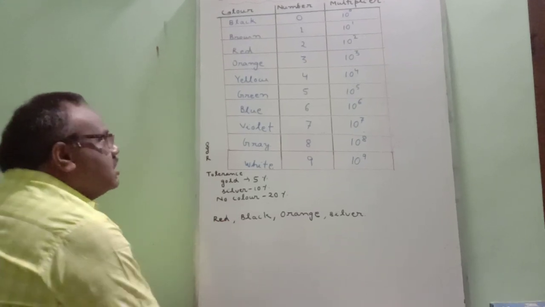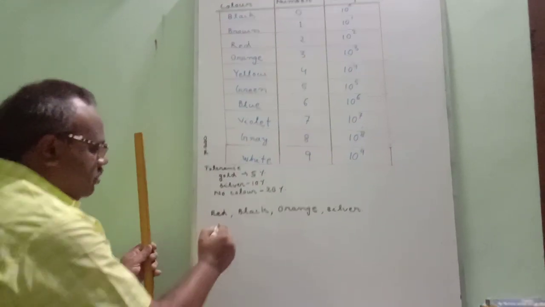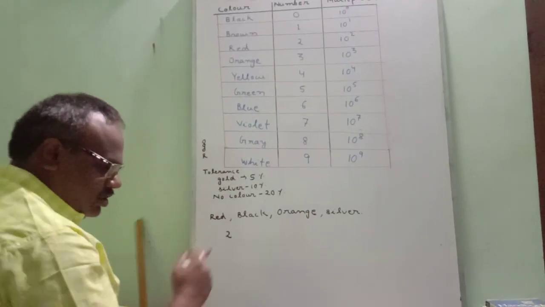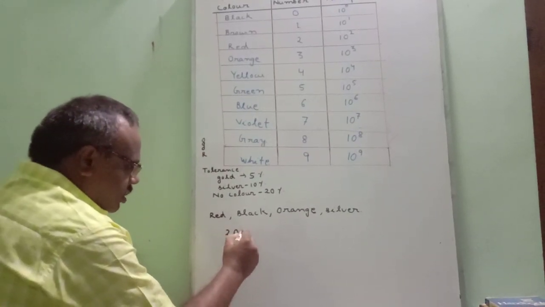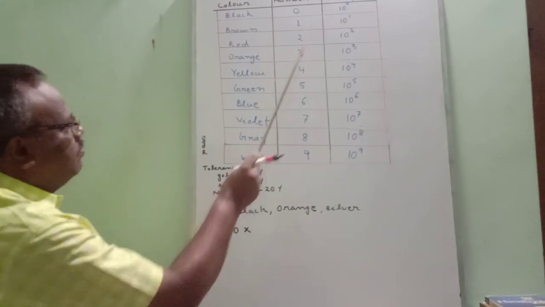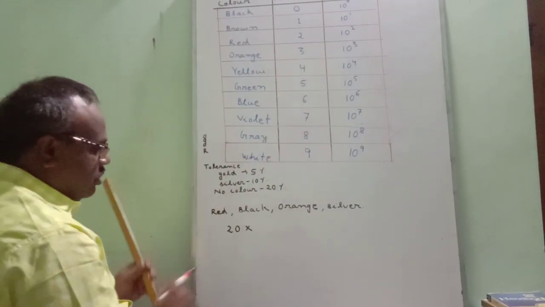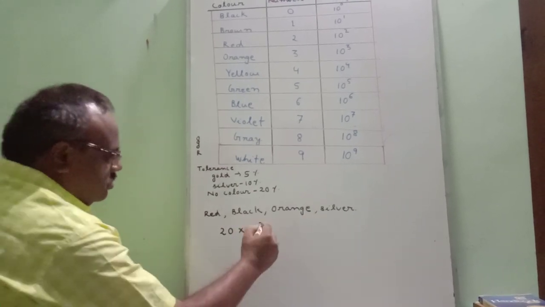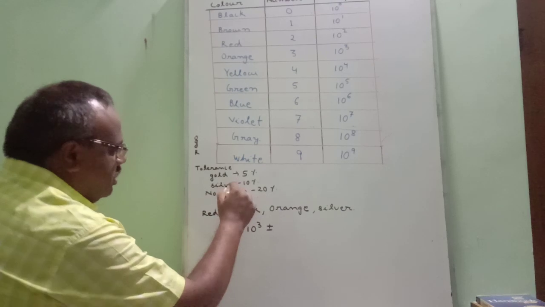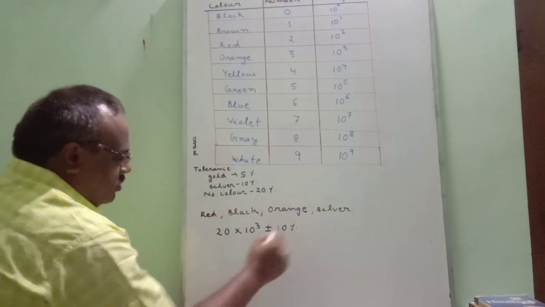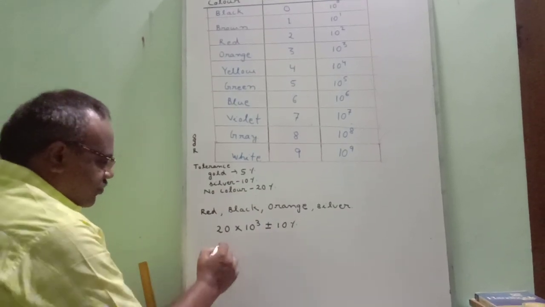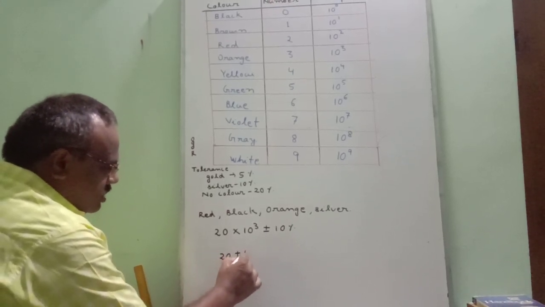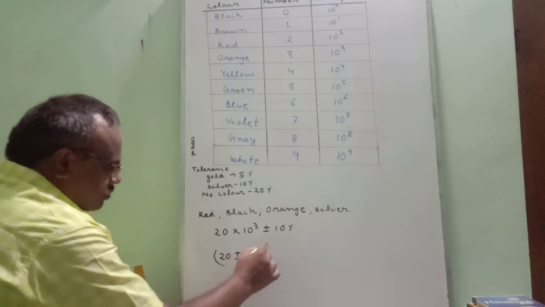For red the significant figure is 2, so I am writing 2. Black is 0, so write 0. Orange is the multiplier, the third is the multiplier, so it is 10 to the power 3. Then silver is the tolerance, silver is 10%. So you can say this is 20 plus minus 10% kilo.